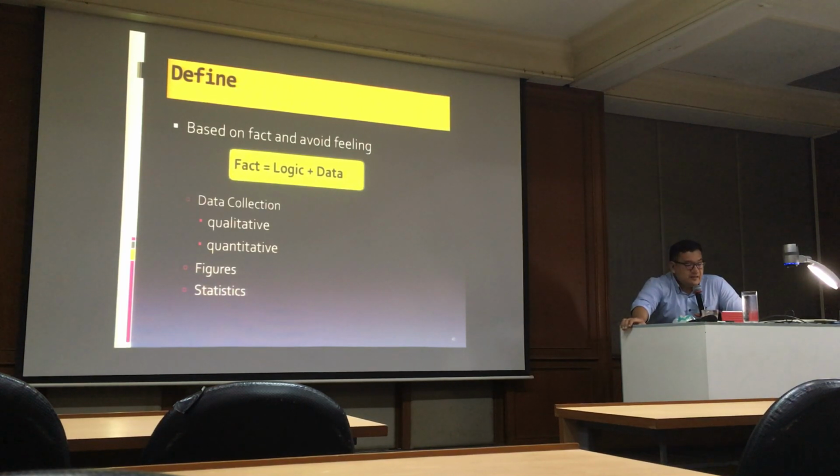We can also collect data in qualitative ways, such as interviews, talking with the employees, talking with the staff, talking with the customer, or you can even just observe. And we try to have all the data as much as we can, to be the facts that we consider in deciding which one should be the problem that we're going to improve or solve.